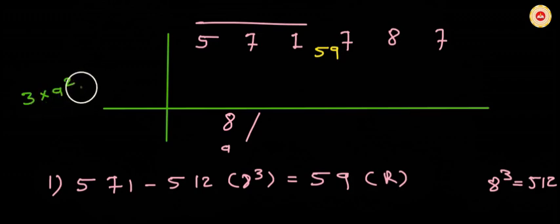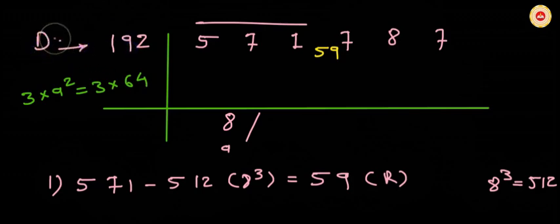A is 8. So 3 multiplied by 64. 8 squared is 64. So 3 fours are 12, write 2, carry 1. 3 sixes are 18, 18 plus 1, 19. So 192 is the divisor. Now let us carry out the further division process by using divisor 192.